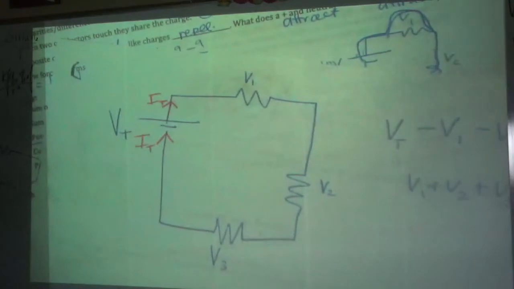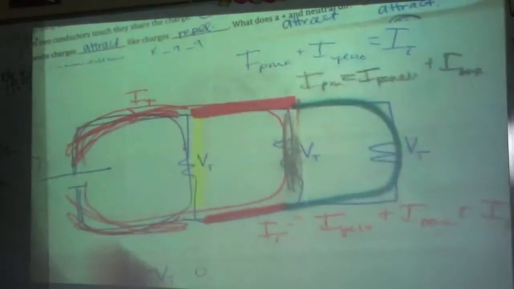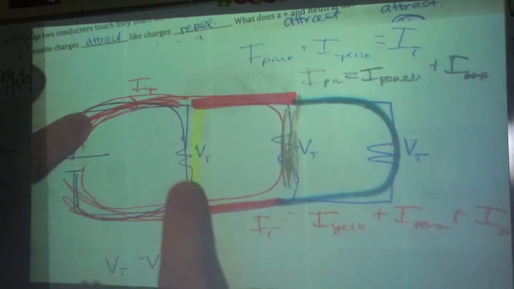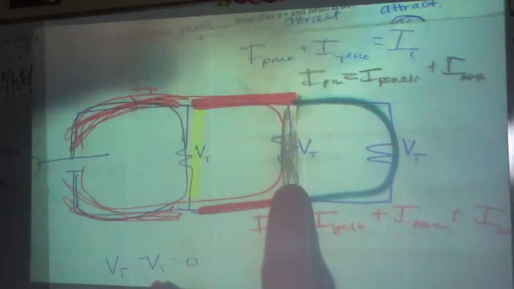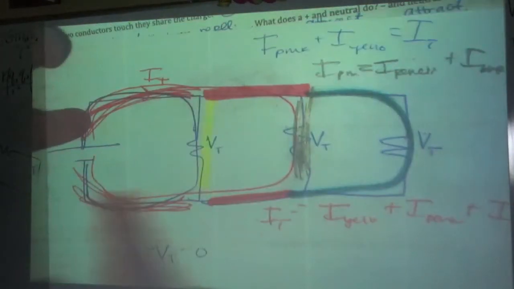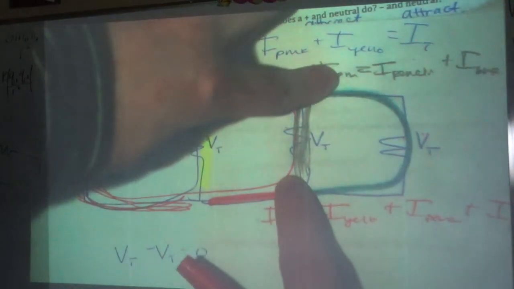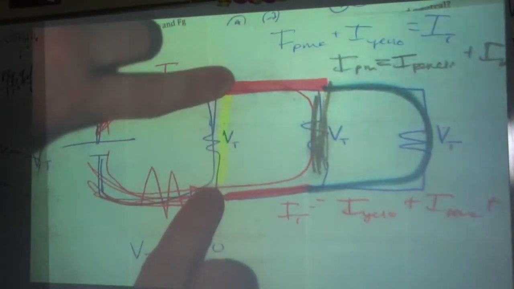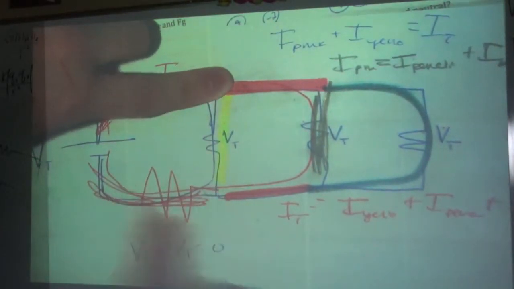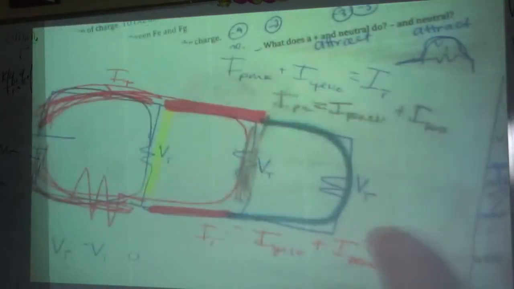If we're talking about a parallel circuit, from here to here, that's the voltage of the battery, and from here to here, that's still the voltage of the battery, because you're literally finding the voltage of the battery, just extending the wires. Now, if you were to put a resistor right here, this would be the voltage of the battery, but this would not be, because you're dropping some along this branch.